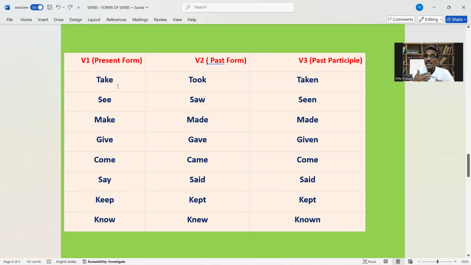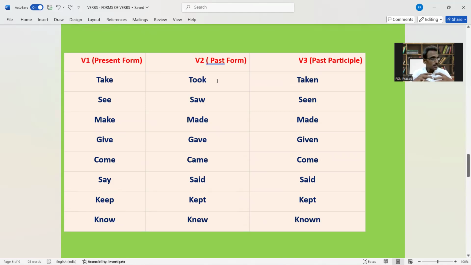And of course, even for actions that are going to take place in the future, we use this form of V1 only. But before them, we have to add either will or shall. Okay, I will take, right? So for present form, it is I take. And the past, took.